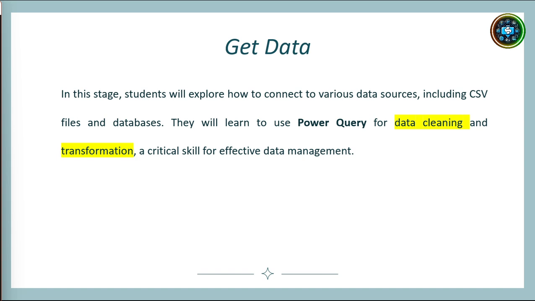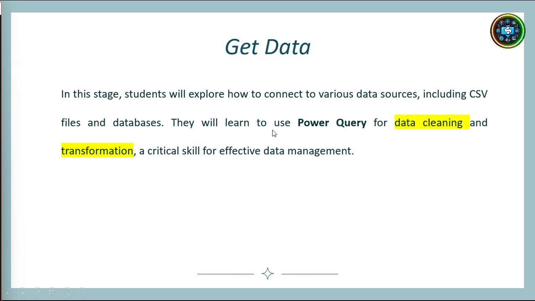But from the desktop point of view, I will teach you the data you could connect: a CSV, an Excel file, data from Adobe Reader or a text file, or a collection of files in a folder. This will be the first thing, get data.